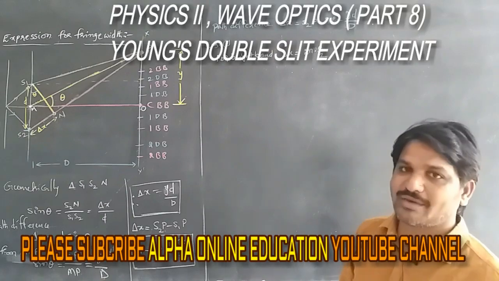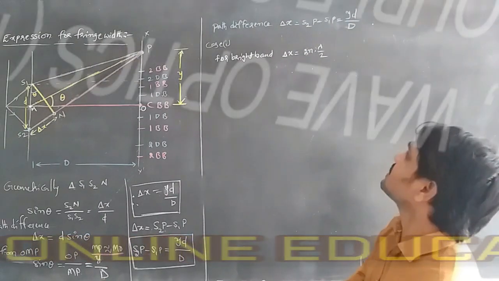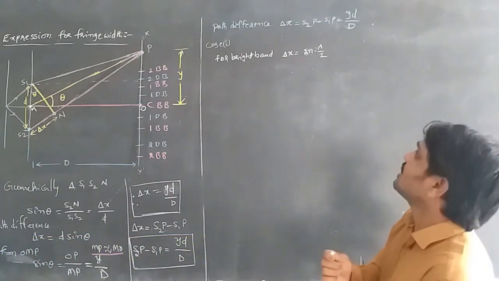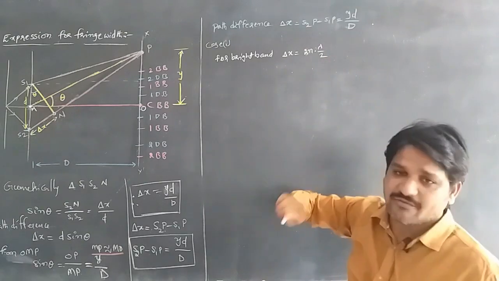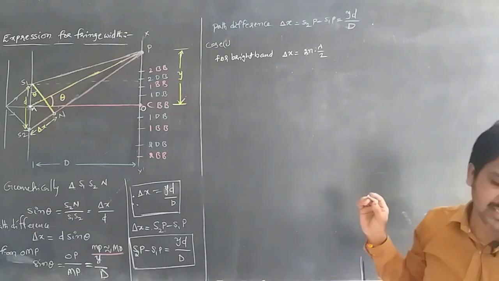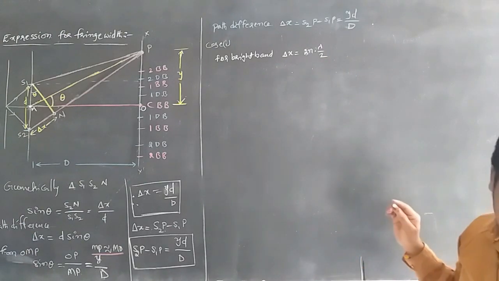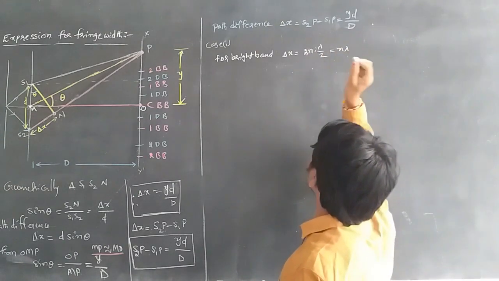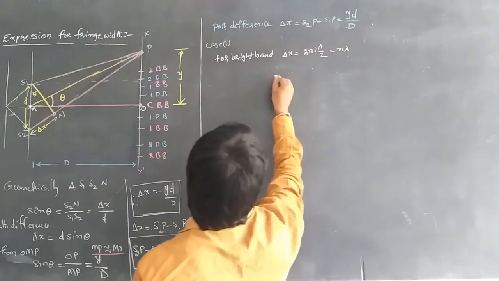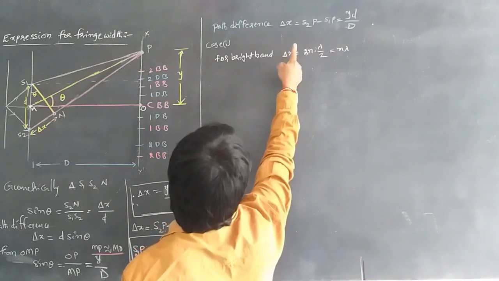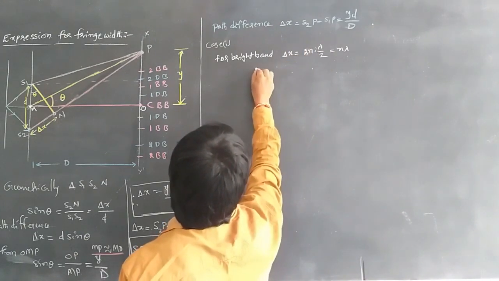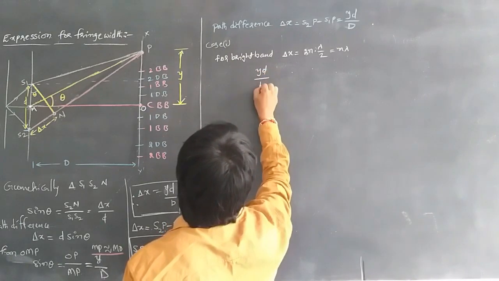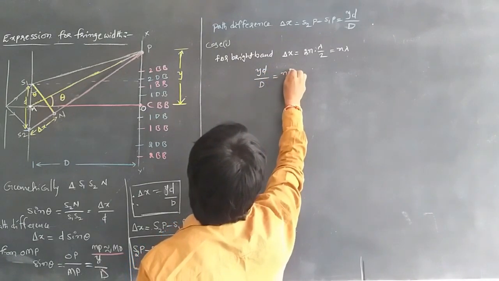If we substitute, we already have delta x is equal to yd by small d. Here 2n into lambda by 2 means we can write n lambda. So y into small d by capital D is equal to n lambda.